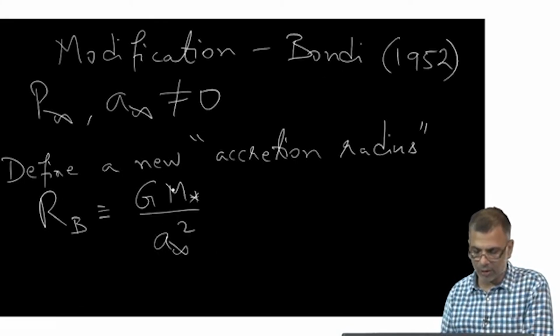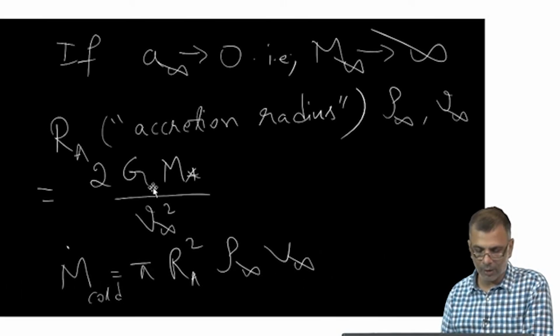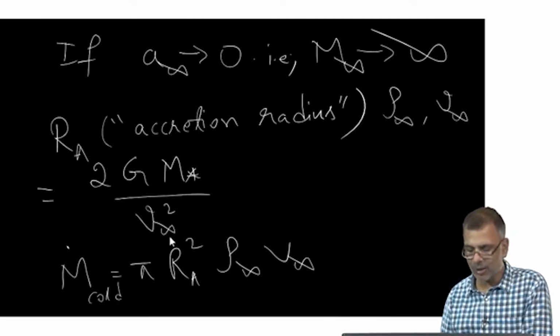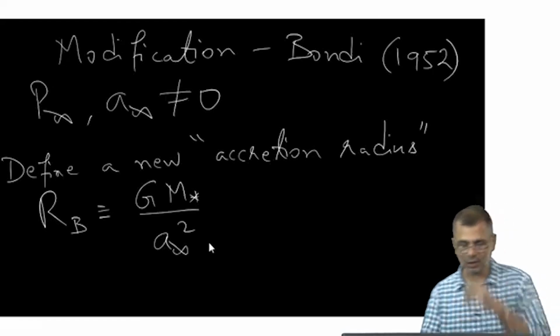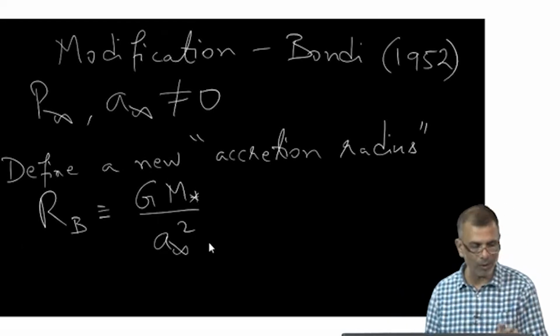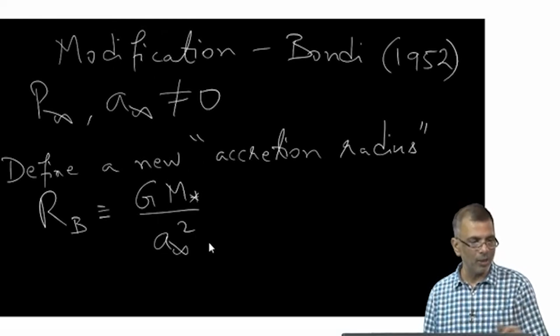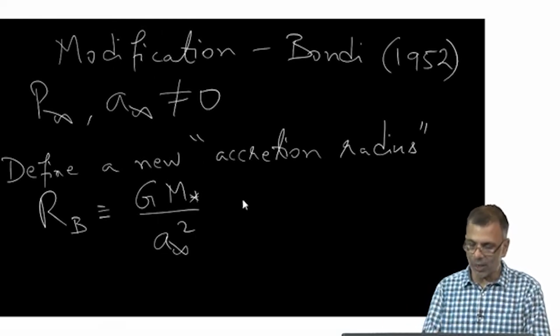Now, notice the similarity between this formula and this formula. It's exactly the same, except at the denominator you do not have v infinity squared, you have a infinity squared, and there is a reason for this.